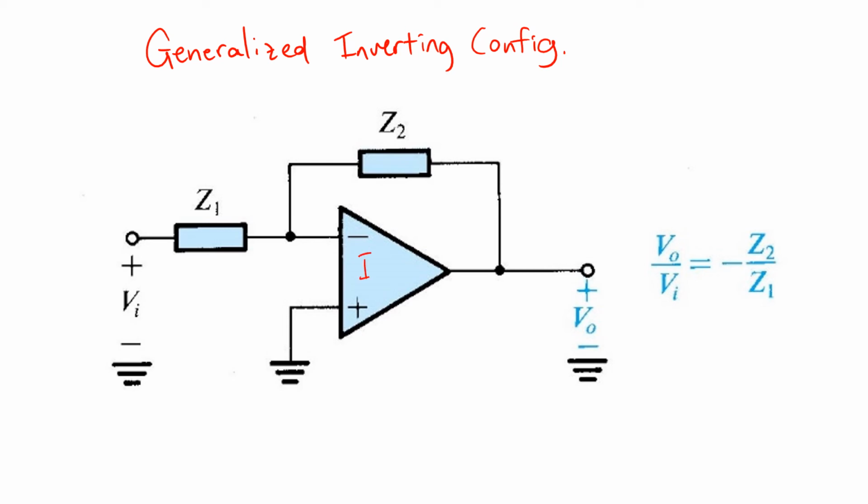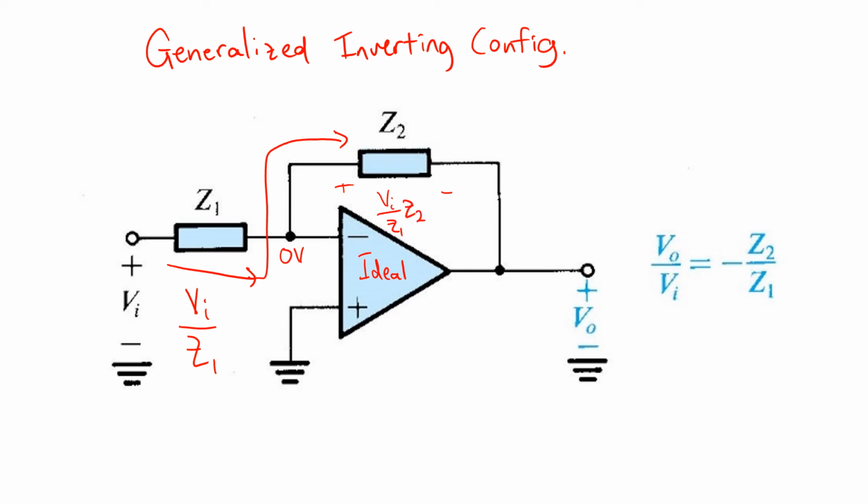If we assume an ideal op-amp, we've got a virtual ground here, which gives rise to a current VI, flowing the other way, VI over Z1. Since there's no current going into the op-amp, that current flows through Z2 and gives rise to a voltage drop VI over Z1 times Z2.